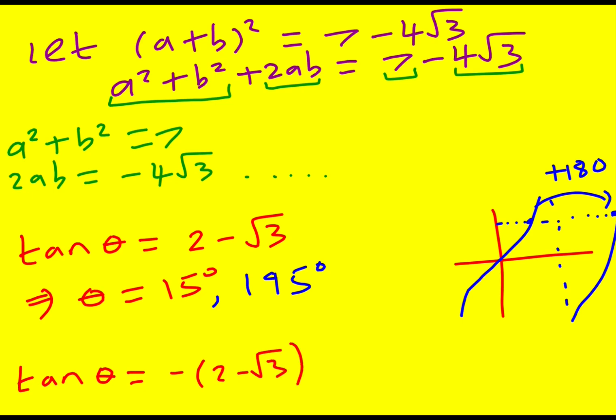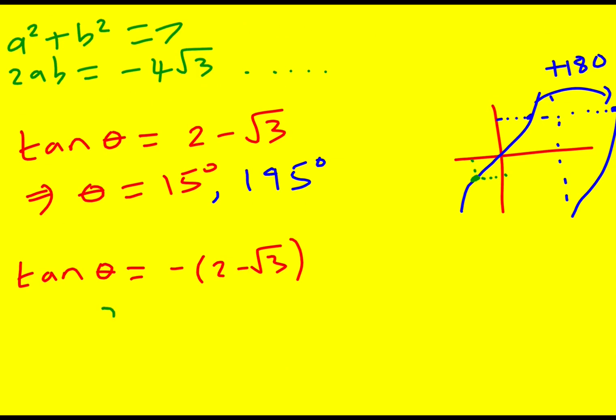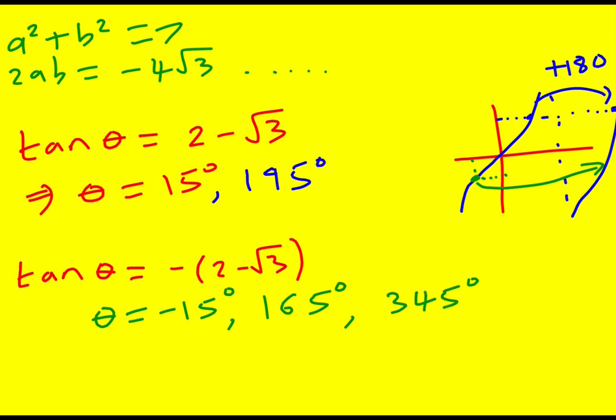Now, if I've got the minus, then because of symmetry, it's going to be down here, at minus 15 degrees, which is not in our solution range, but it is at least a starting point, because then I can add on 180 again to give me 165 degrees, or again to give me 345 degrees.